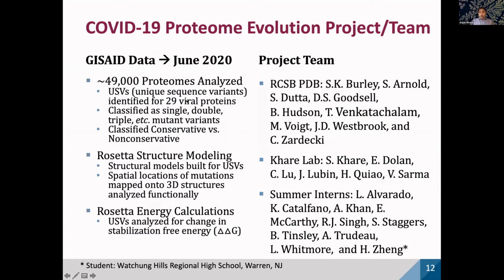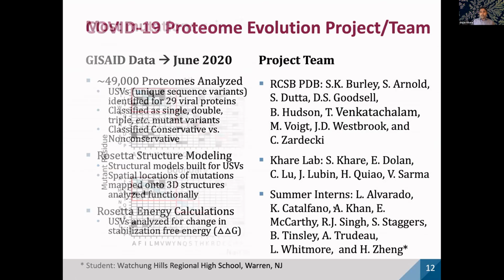And for each of the 29 viral proteins, we classified the changes as single, double, triple, etc. mutants. And we performed structural modeling based on Rosetta, performed Rosetta energy calculations that I'll tell you a little bit about. And this work involved a large number of people from the PDB team, as well as all the people in my lab, and of course the summer interns who participated in this work.